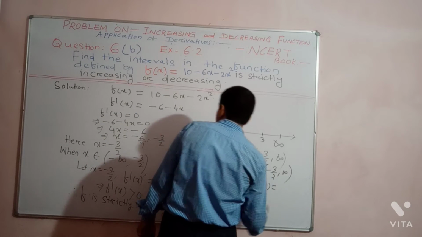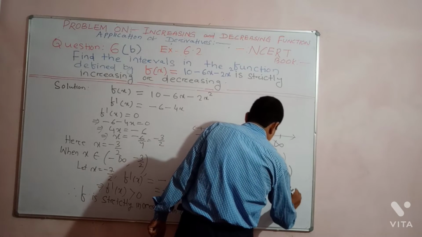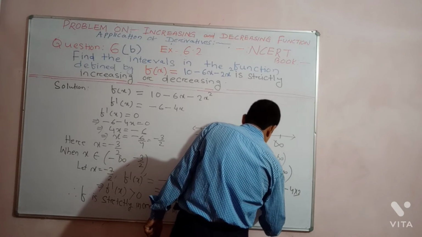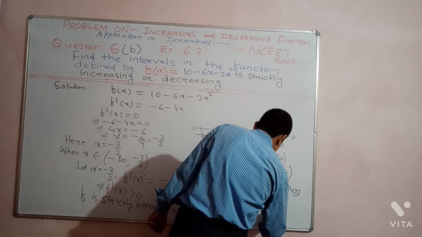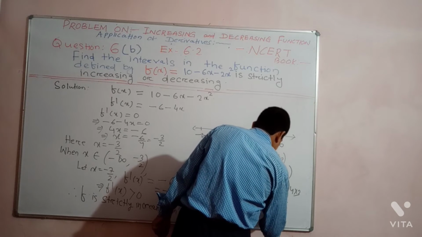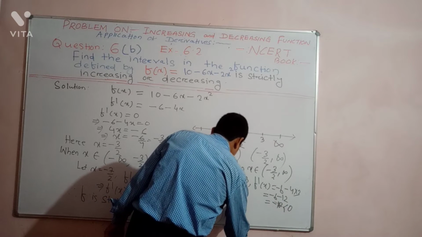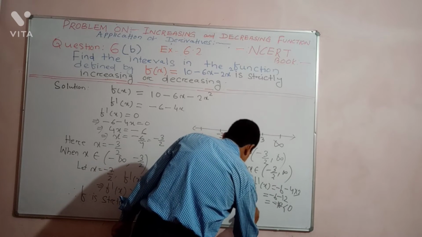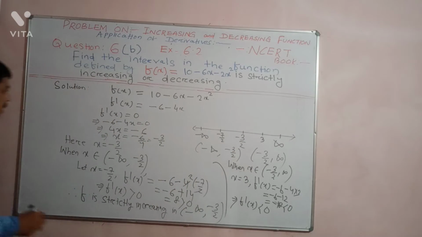Then f'(x) = -6 - 4 into 3, which is -6 - 12 = -18. This is less than 0, so f'(x) is less than 0. It means the slope of the function is less than 0.